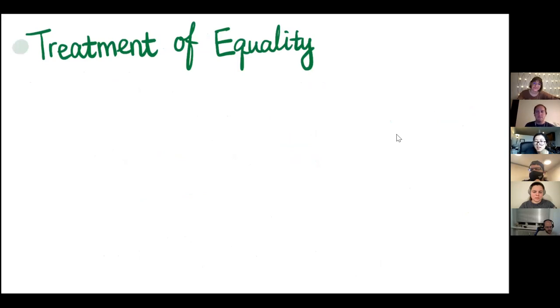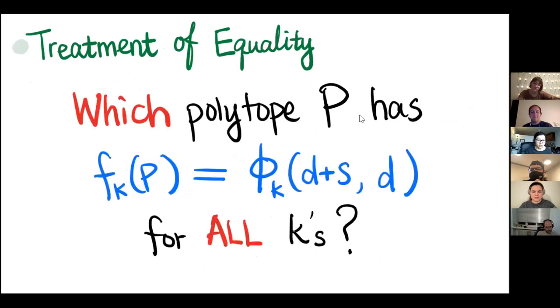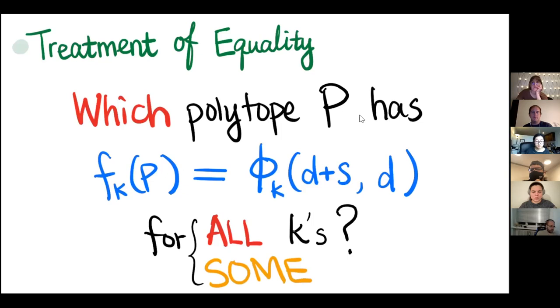Okay, great. So now we move to the treatment of equality, the question that Patrick just asked. So here's the question. Which polytope satisfies this equation, actually for all k? And we can also ask, are there other polytopes that satisfy this just for some of the k?